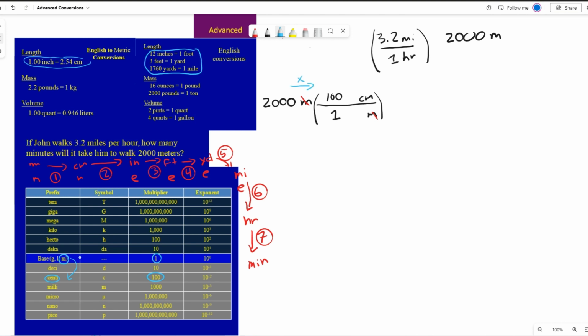We then multiply across and divide up. So when we do our first step, we end up with 200,000 centimeters. So our first step is done. Now we need to go from centimeters to inches, and that will be with this English to metric conversion up here.